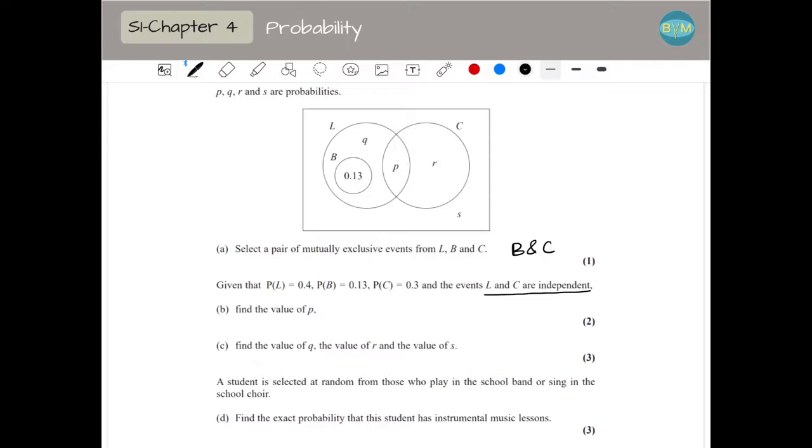Find the value of P. So P is the first one that they ask, and these two are independent. So we know if they are independent, the probability of the intersection is the product of these probabilities that are given. So that's what we are going to use.